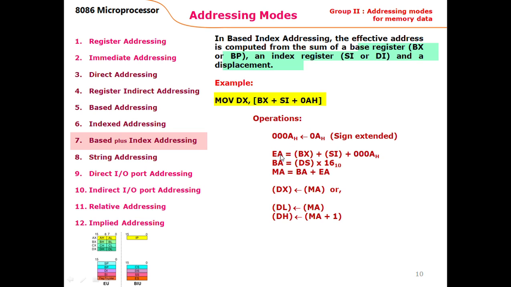Then the effective address is calculated by adding the content of the BX register, plus the content of the source index register, plus the sign extended 8-bit displacement. These three values give us the effective address of the location. And then the base address is calculated as usual. The implicit segment to be accessed is the data segment, because data is to be accessed.